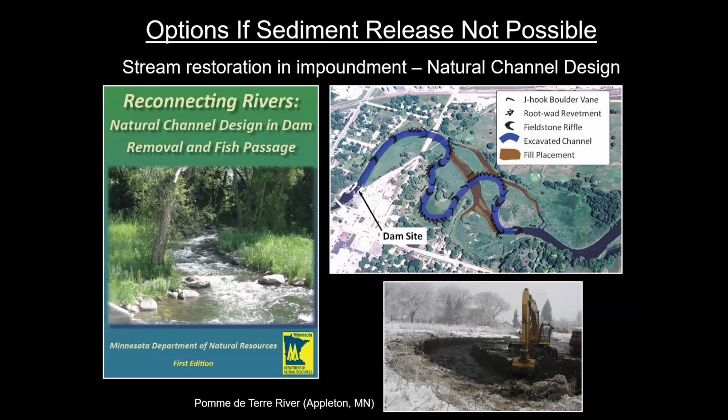You can do a stream restoration project or a natural channel design project where you actually excavate the impoundment sediment and create a channel that you would expect to develop over time, thereby not allowing that sediment to move downstream where you've perhaps decided there's potential problems. So this would create the channel the river is ultimately going to create on its own, if you will.